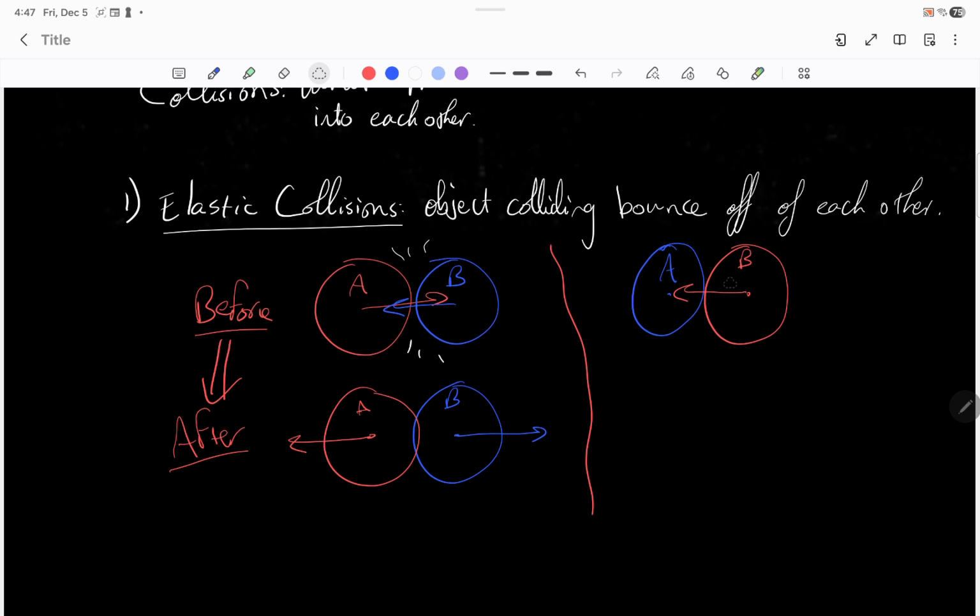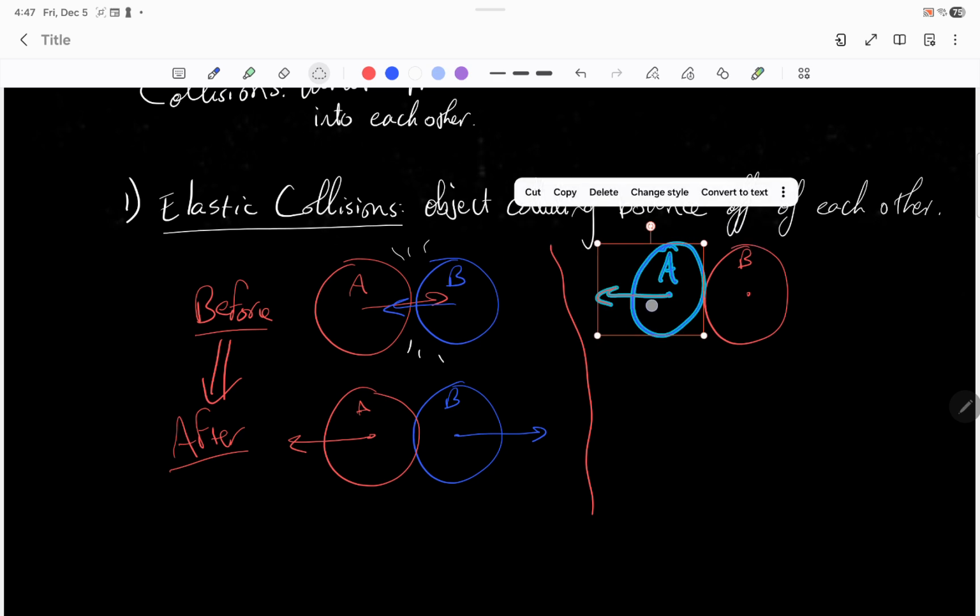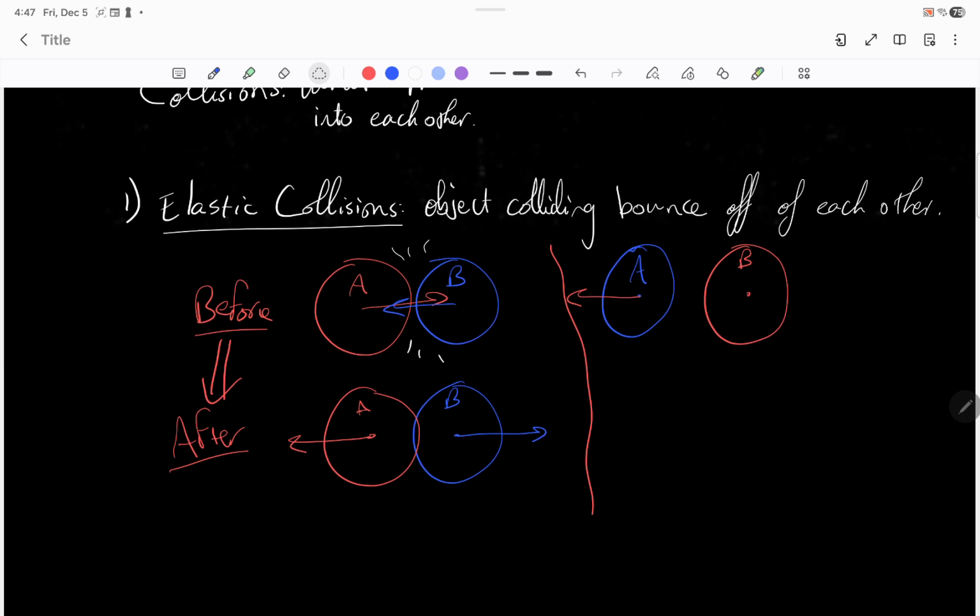And in that moment, because of this collision, the momentum is going to be transferred to ball A. So ball A ends up moving towards the left. And ball B will end up being static. It's not going to move anymore.